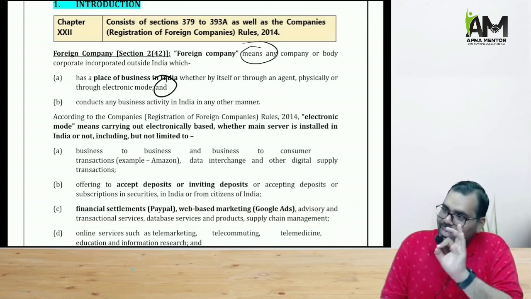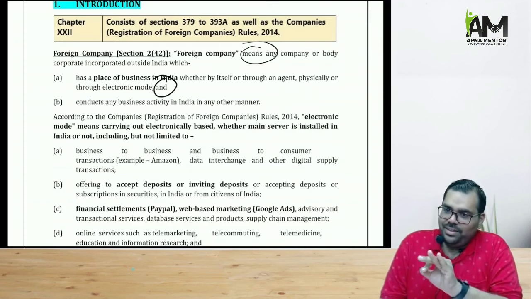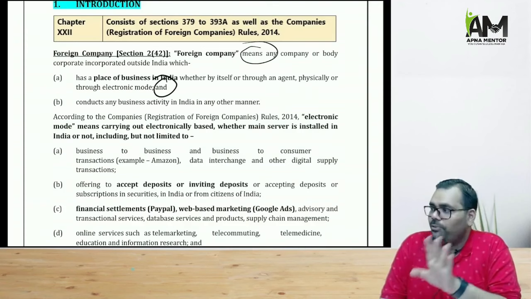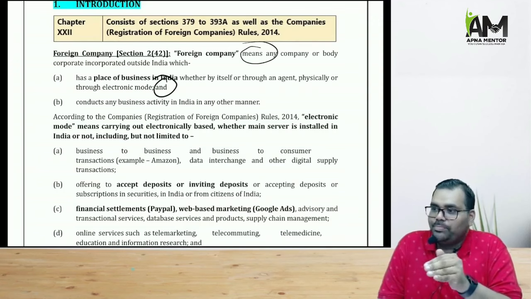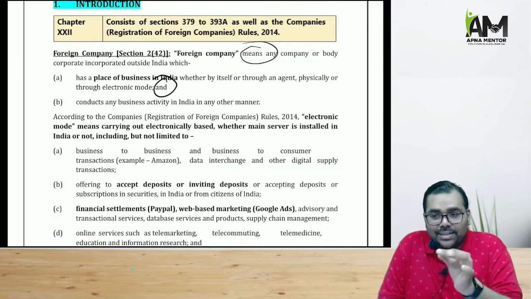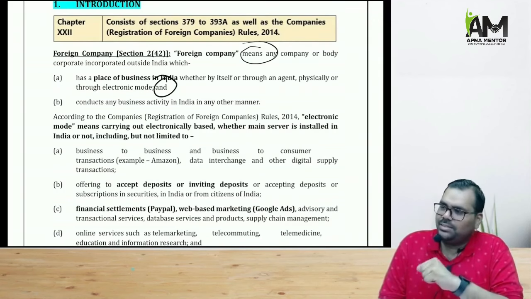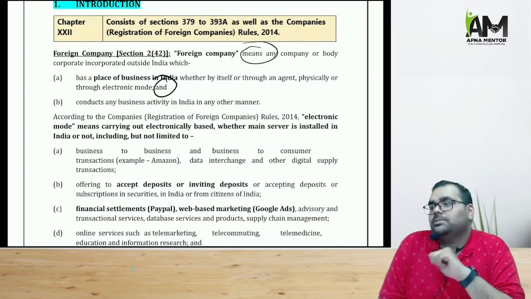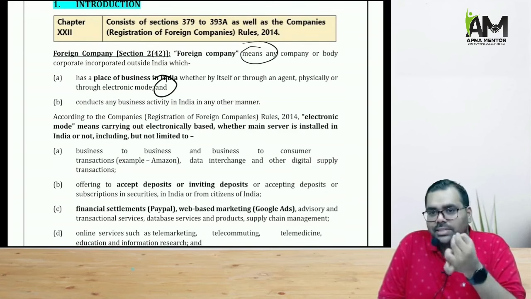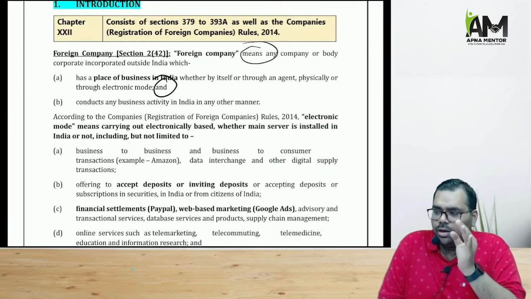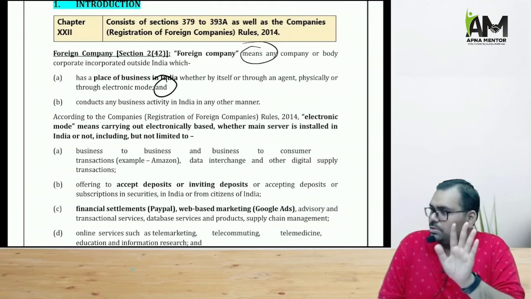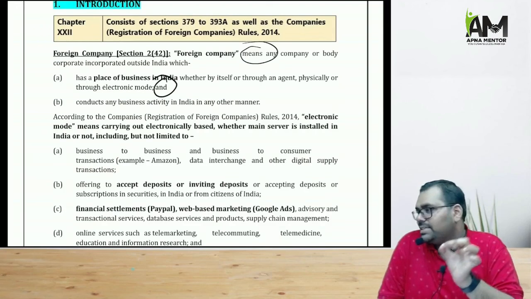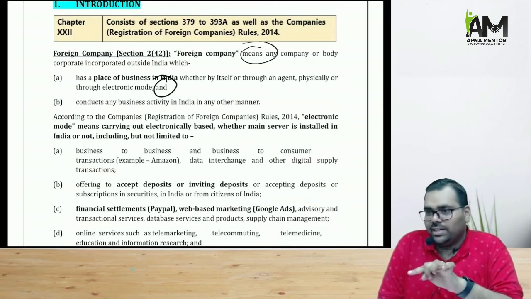For exam, you have to write and only. Don't write or in an exam, but just for your understanding, I am saying. In practical life, we take this and as or. Can we do like this? In the chapter of interpretation of statutes, what you are going to study, one thing is that law में जो जैसा लिखा है उसको वैसे read करो. And is written, read as and. Shall is written, read as shall.